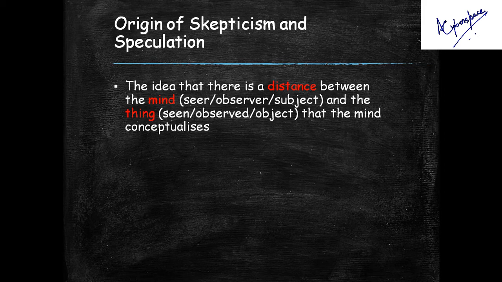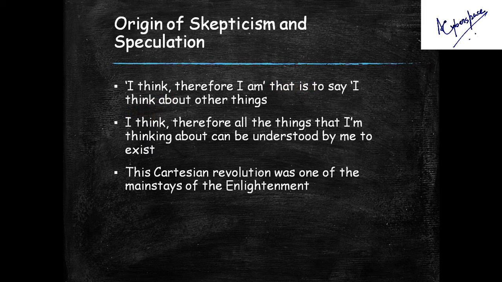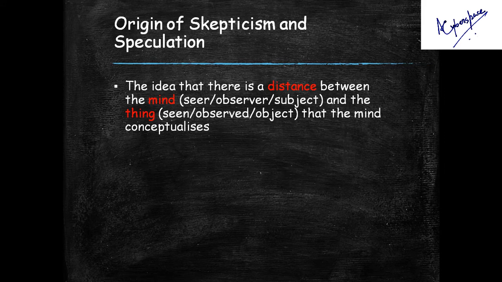And the idea that there is a distance between mind, where we have the seer, the observer or the subject, and the thing, which is observed, the seen, the object, that the mind conceptualizes. So this Enlightenment idea of knowing things, about thinking about things, creates this binary through this distance between the mind and the thing.